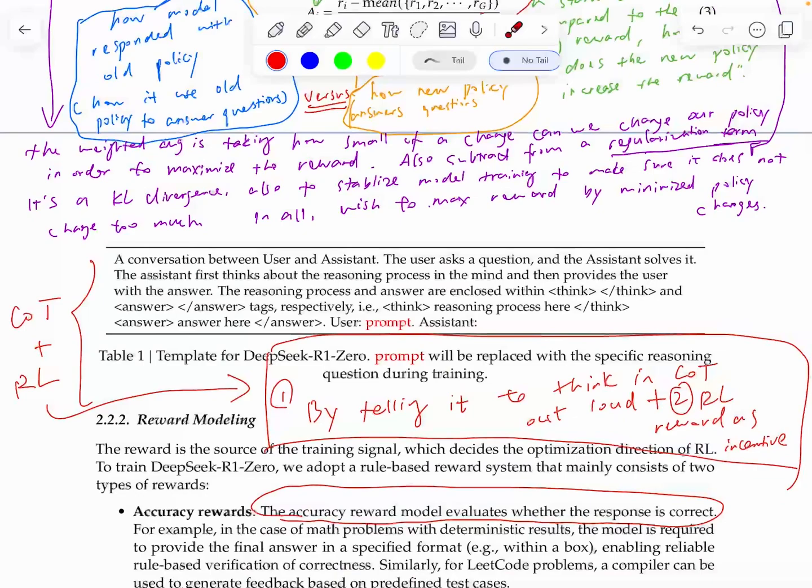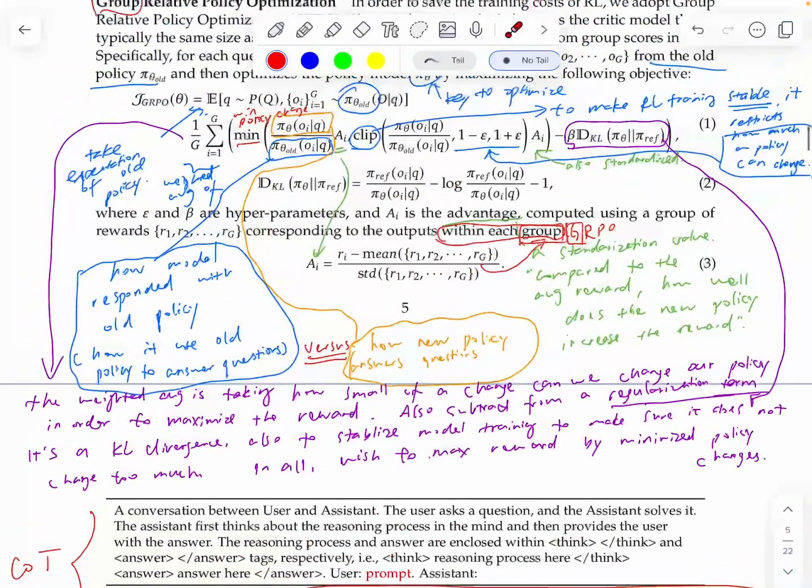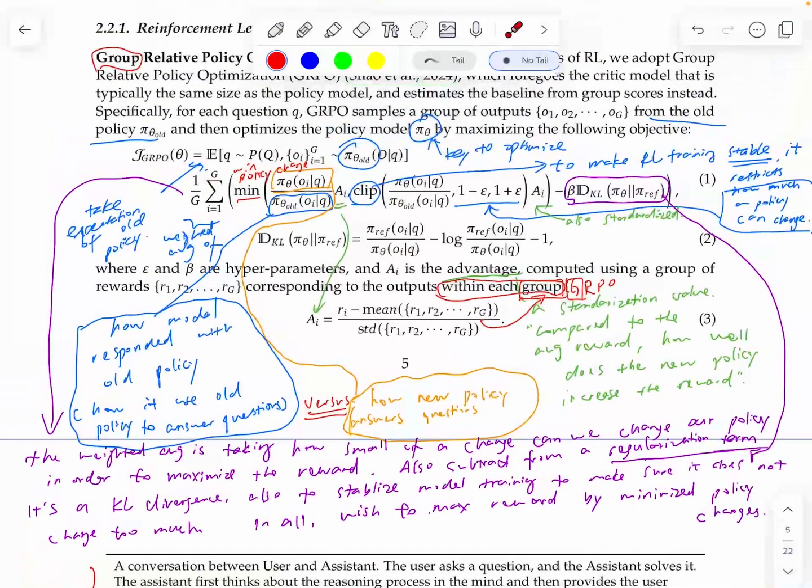So again, we can see the power of the RL algorithms. Later, if we have a chance, we can also have a deeper look into the related algorithms that this model uses. Okay, good.